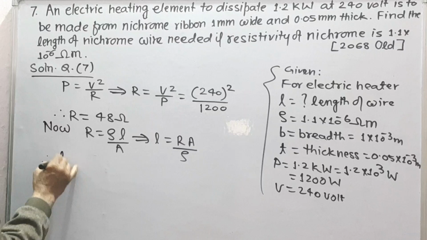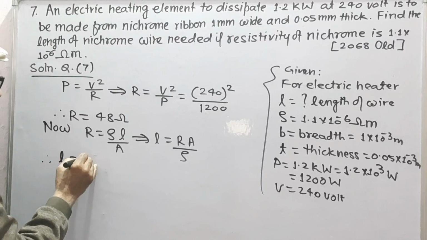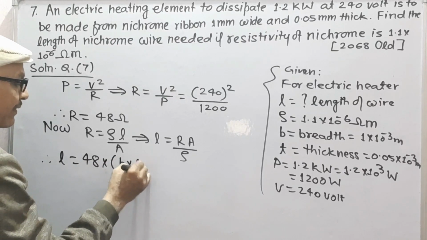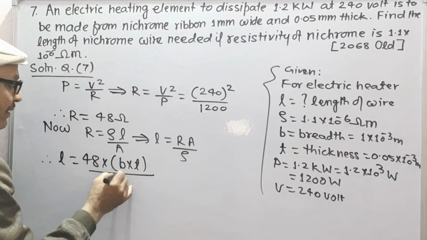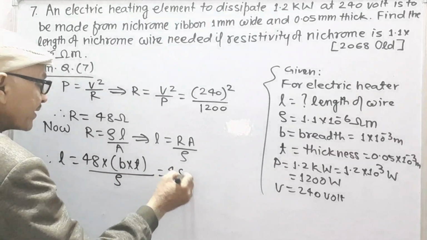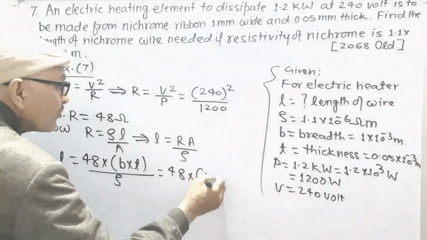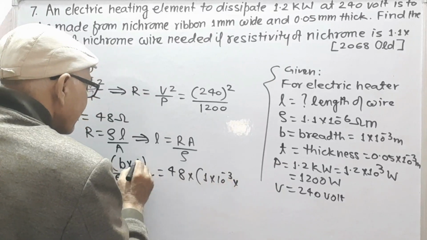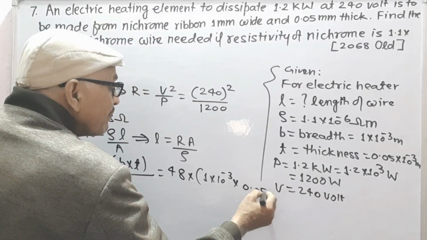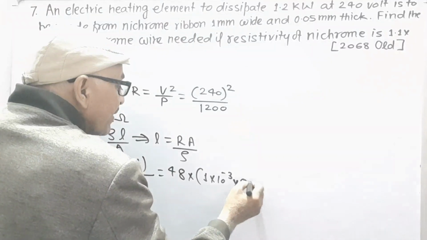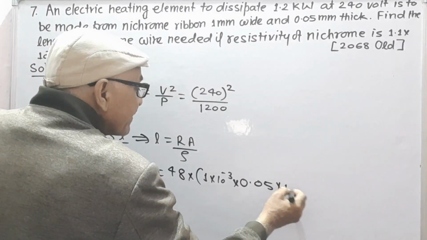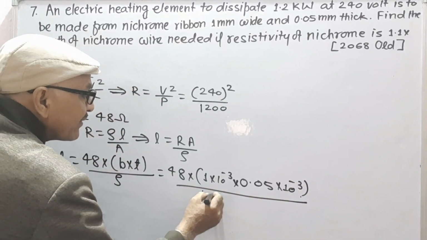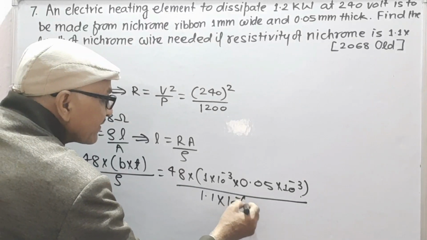Therefore, length will be equal to R is 48, area is breadth into thickness, upon resistivity. 48 into breadth 1 into 10 to minus 3 meter and thickness 0.05 into 10 to minus 3 meter, upon resistivity 1.1 into 10 to minus 6.